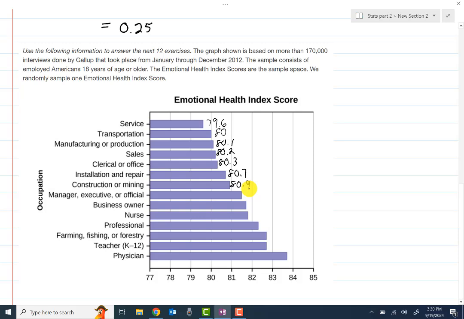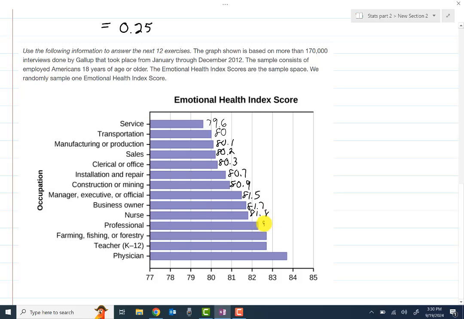Manager, executive, or official, that looks to be 81.5. That next one's tough. I'm going to go with 81.7. And then I'll go with 81.8.